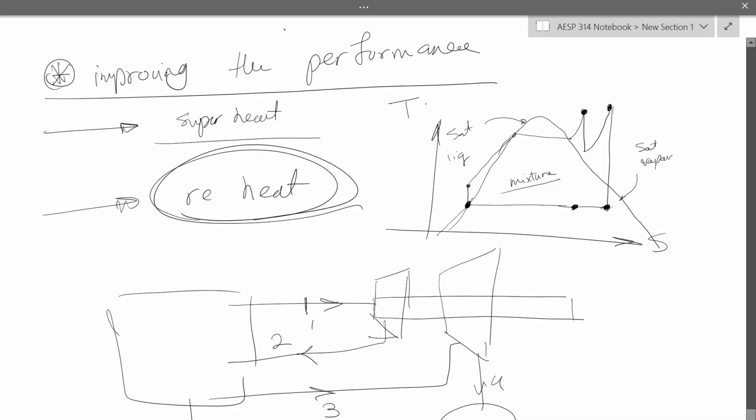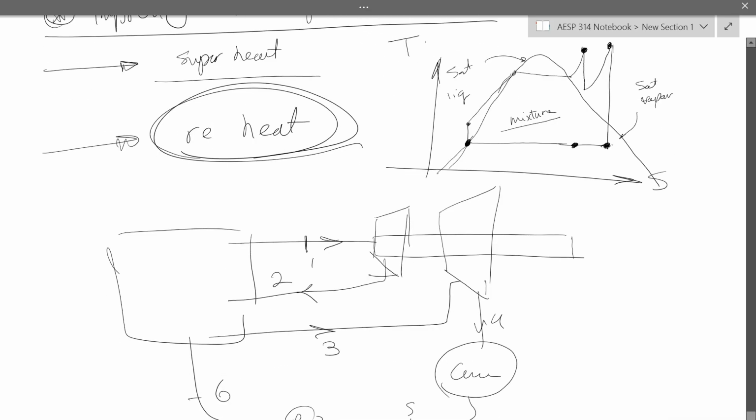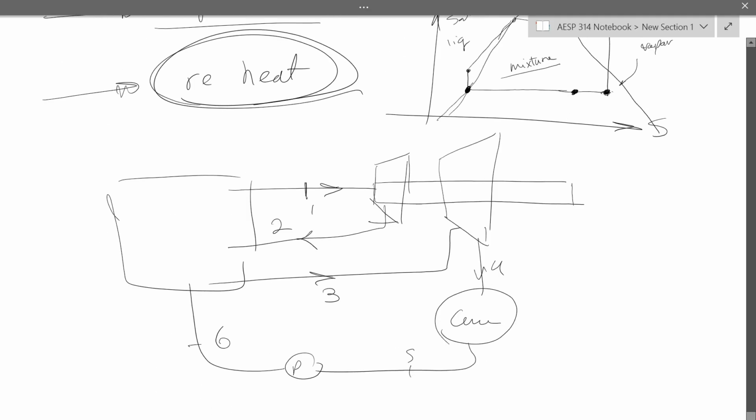You don't have to have a pump to pump it back into the boiler. So between the first and 2 on our diagram right here, you want to pump it back in there. Let me ask you this then. What is the mechanism that causes a flow to happen?